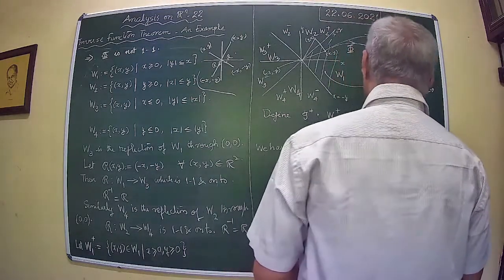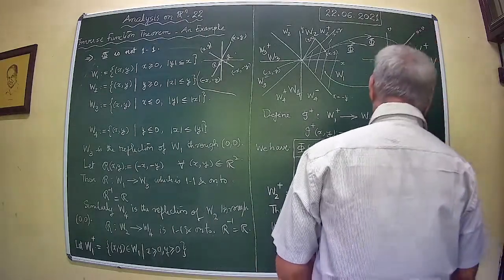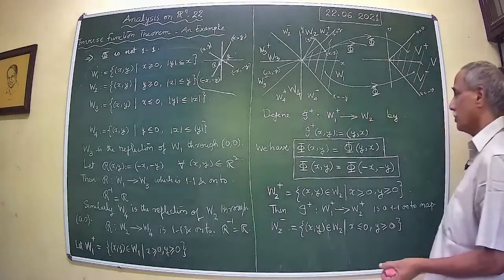Both x and y, x is less than or equal to 0, y is greater than or equal to 0, it is in W2. Okay.